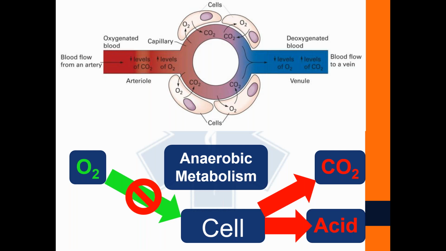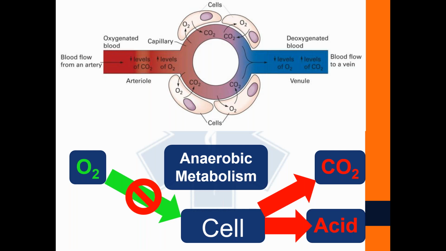So anaerobic metabolism is just the name of the process that takes place when the body doesn't have an adequate supply of the oxygen and sugar that it needs. And if it doesn't have enough of it, it switches over to anaerobic metabolism to create energy for itself.